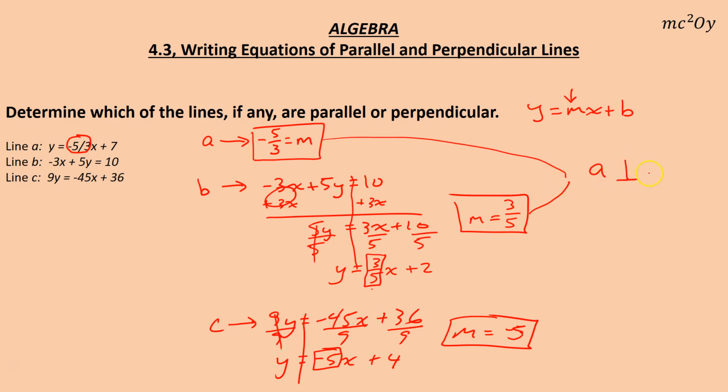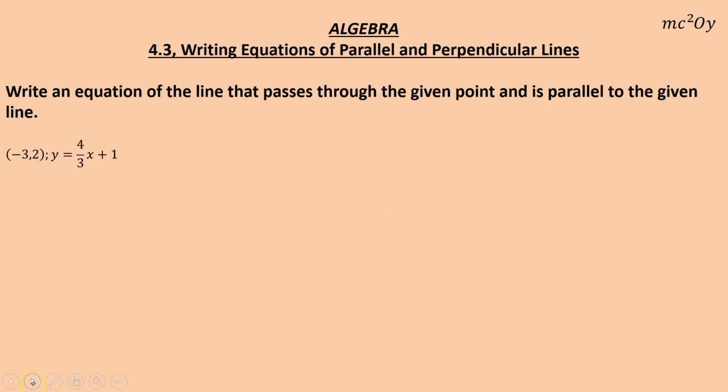A is perpendicular to B because slopes are inverse, or also known as negative reciprocals. Okay, we flipped it and we changed it from negative to positive there. All right. Check some other stuff out here.